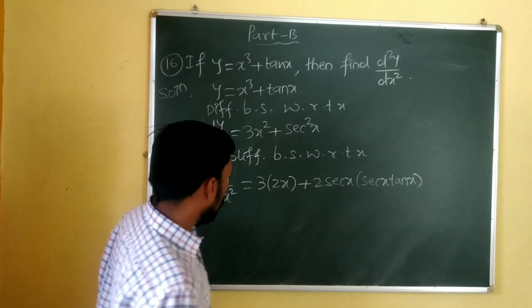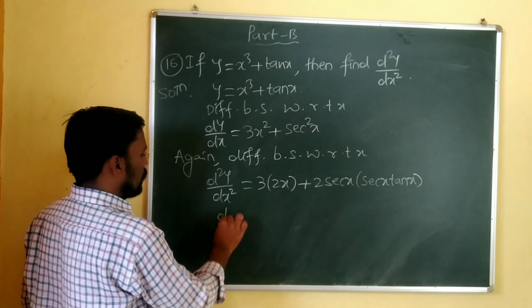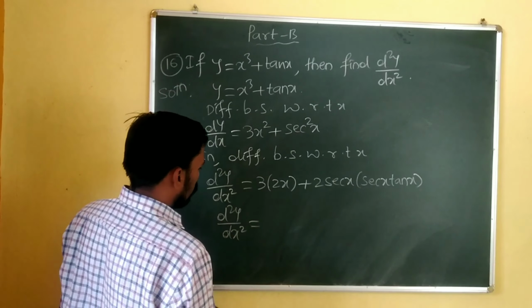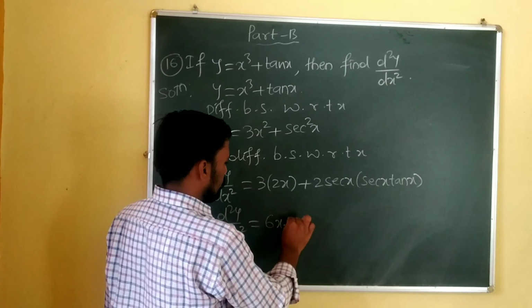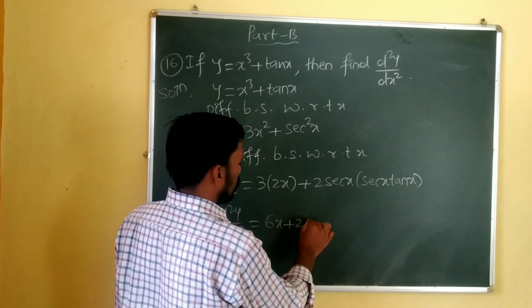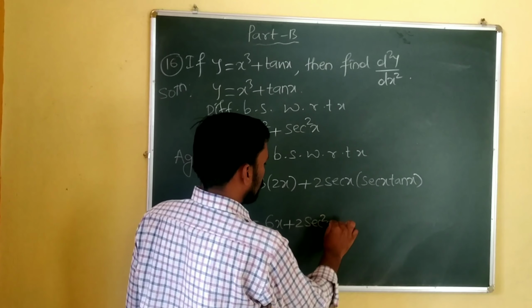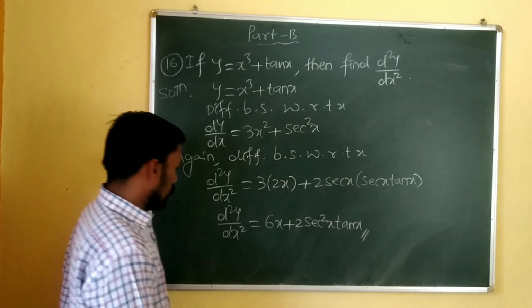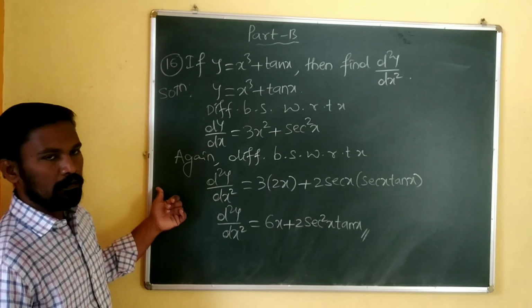Just do the simplification. It is d square y by dx square is equal to 3 times 2x, that is 6x, plus 2 into sec x into sec x tan x, that is 2 secant square x into tan x. So this is the second order derivative of the given function.